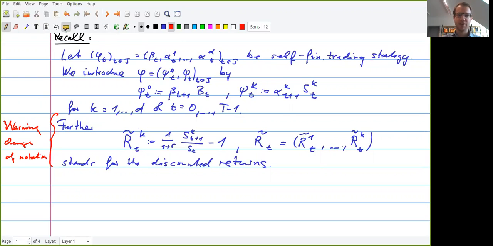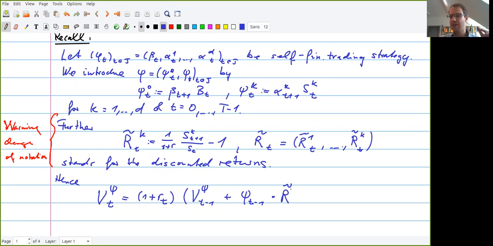And then we derived the recursion formula, how we can express the wealth we have at time t in terms of the underlying parameters. So this is the interest rate on our market, and this is the wealth we had at time t minus 1 plus what we get from having a position in the market, and then depending on how the returns in this trading period are, we lose or make money.